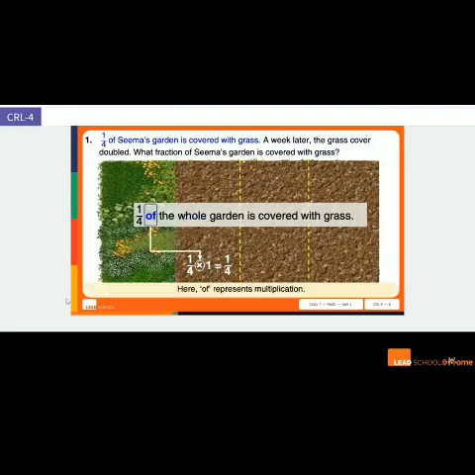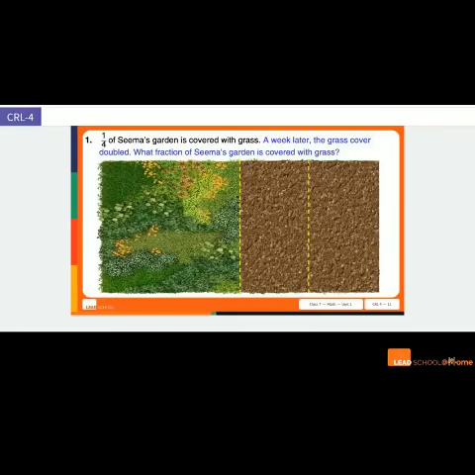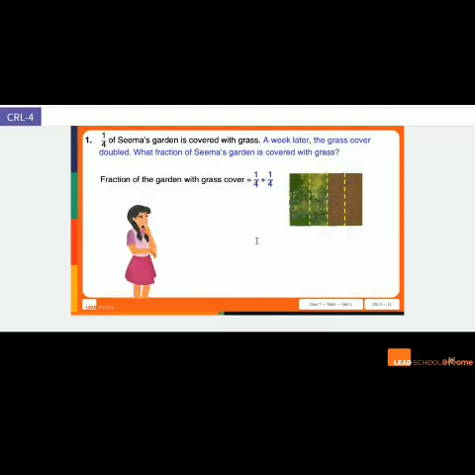Here, of represents multiplication. 1 out of 4 of 1 is the same as 1 out of 4 multiplied by 1. A week later, the grass cover doubled. What fraction of Seema's garden is covered with grass? Let us see what the garden will look like. Since the grass cover doubled, the total grass cover will be 1 out of 4 plus another 1 out of 4.